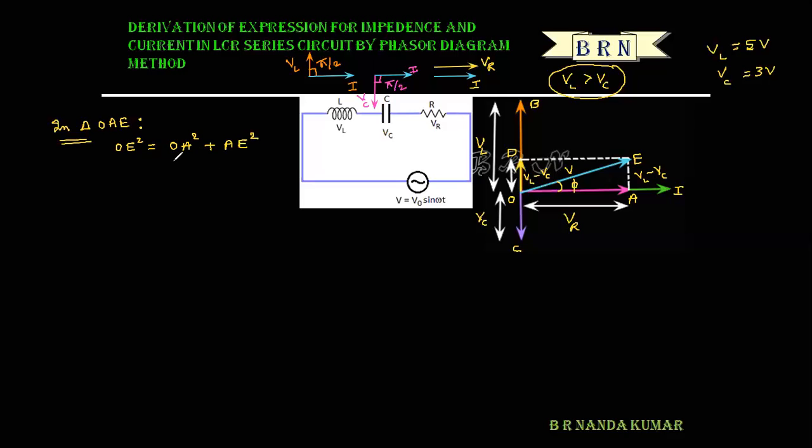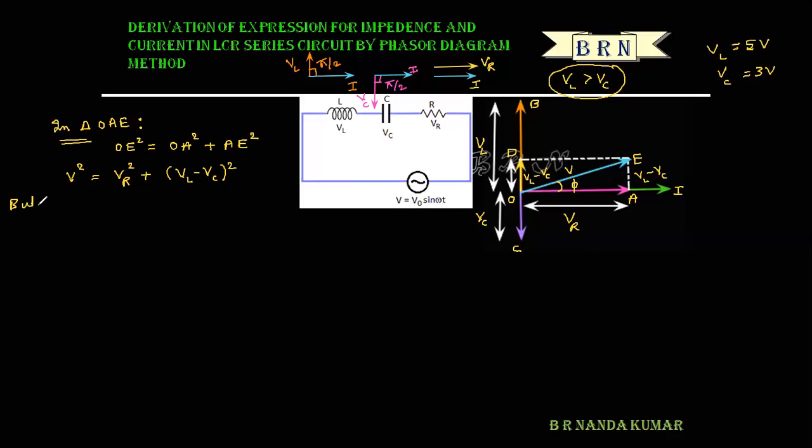OE square is V square, OA square is VR square, and AE square is VL minus VC whole square.